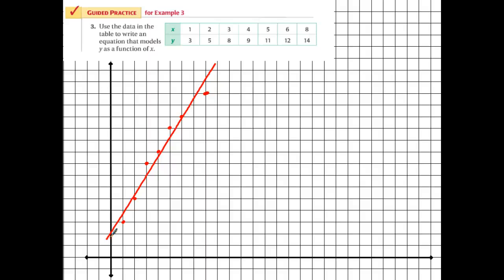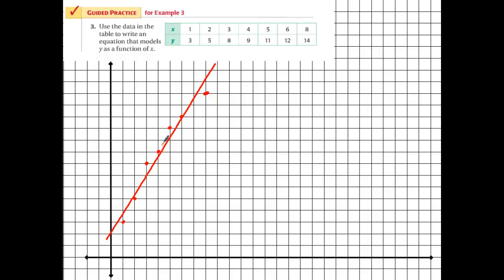Say that looks pretty good. I got 1, 2, 3 points below the line, and then I've got 1, 2, 3, 4 points above it. And the ones above it are a little bit closer than the ones below it. So yeah, I'm going to say this looks pretty good.